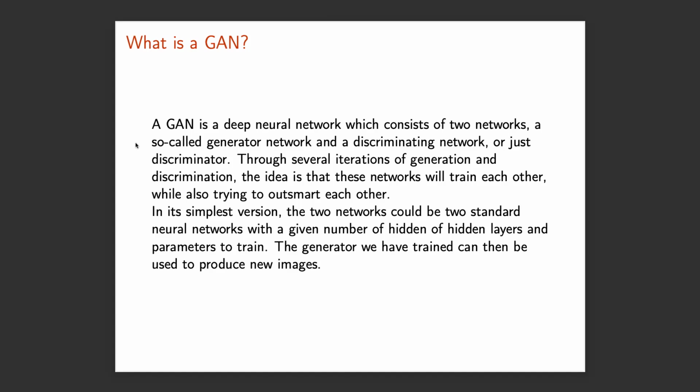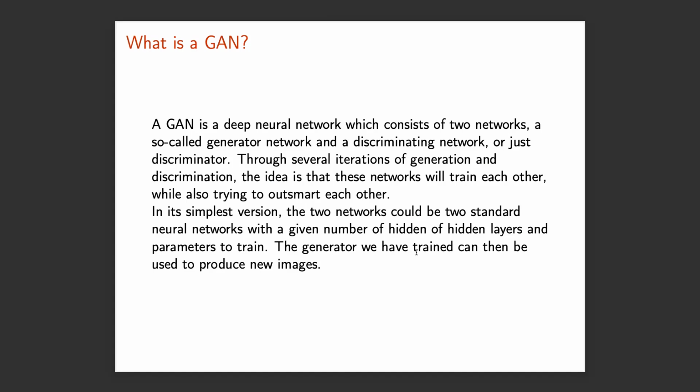The whole idea here is that through several iterations of generation and discrimination, these networks will train each other while also trying to outsmart each other. So in a simpler version, the two networks could be two standard neural networks with a given number of hidden layers and parameters to train.